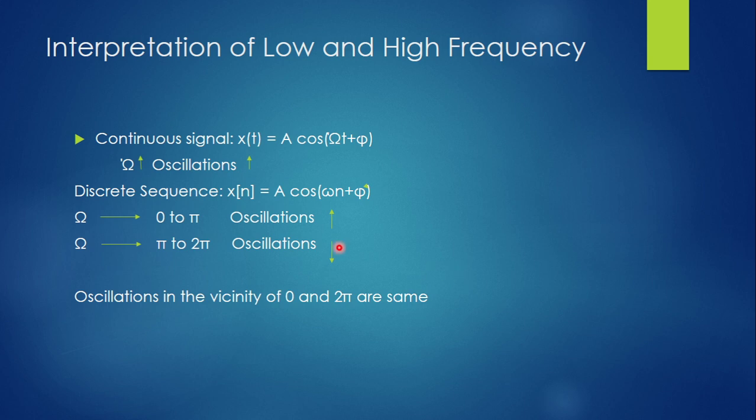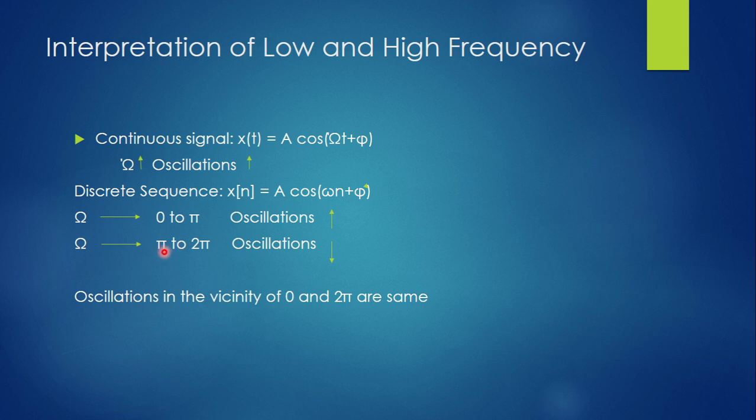Now, start with the continuous signal. x(t) is equal to A cos(omega t plus phi). As omega increases, oscillations increase. There is no limitation on the value of this. You increase the frequency, the oscillations will increase in the case of the continuous signal. But in the case of the discrete signal, you increase the frequency from 0 to pi, oscillations will increase.